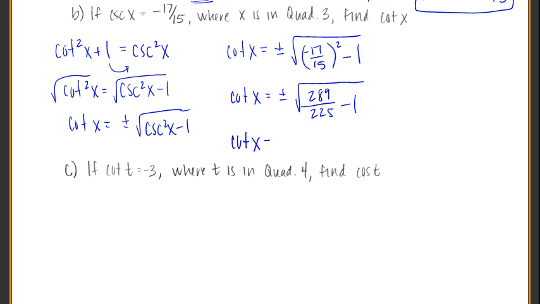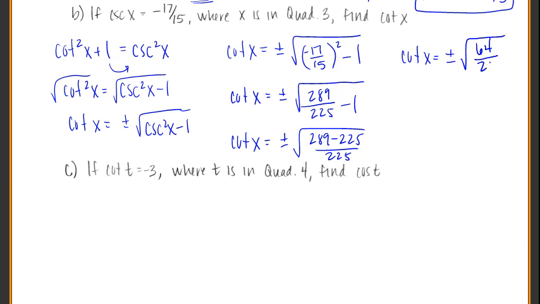So cotangent x is plus or minus the square root of 289 minus 225 over 225. 289 minus 225 looks like 64. So cotangent of x is equal to plus or minus the square root of 64 over 225.